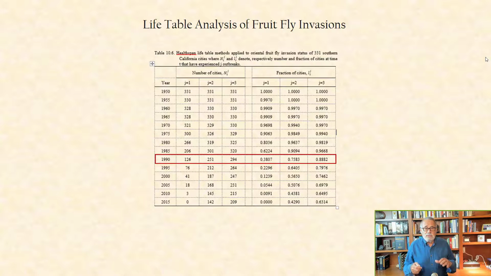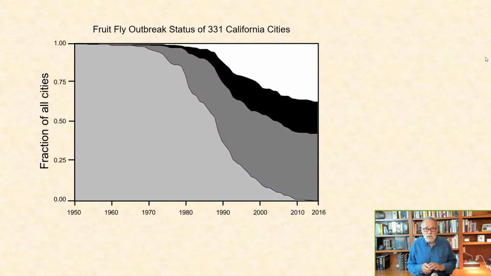These represented the fractions 0.3807, 0.7583, and 0.8882 of the original 331 cities. Here is the same data depicted graphically with year on the x-axis and fraction of all cities on the y-axis, which is effectively the lx columns, including the survival trajectories for 1, 2, and 3 outbreaks.